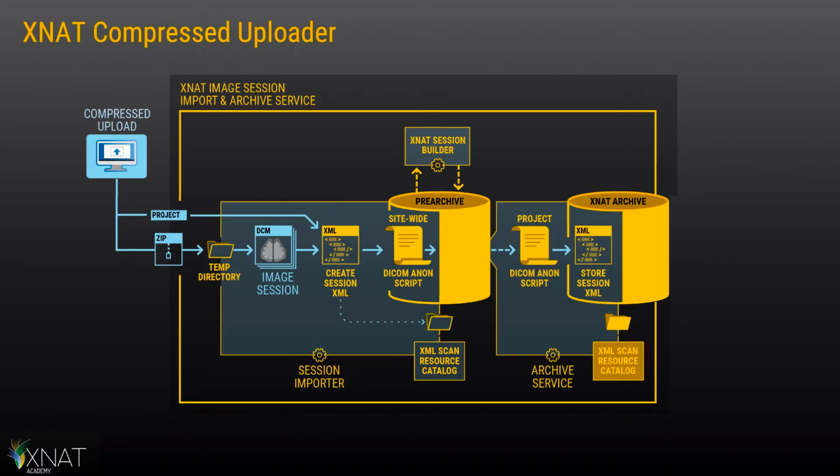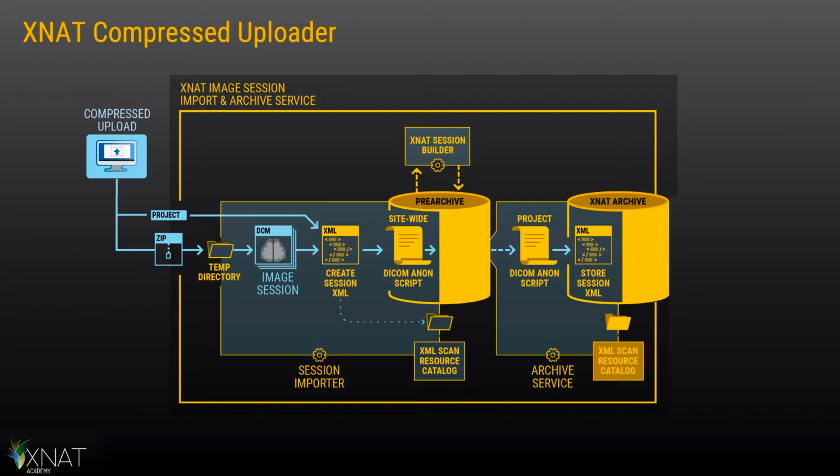To move a session out of the pre-archive and into the archive, XNAT invokes the archive service. As a part of the archive service, another anonymization script, this one specific to the project, is applied to the DICOM files and XML metadata, rewriting and recoding as needed. At this point, the session XML is ready to store in Postgres.